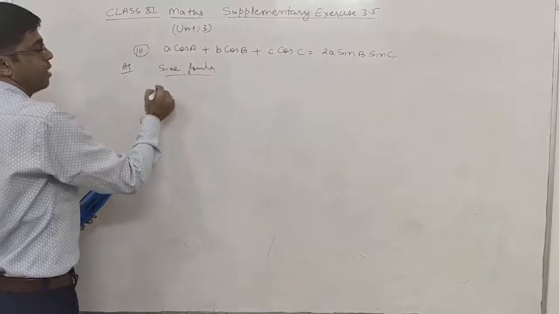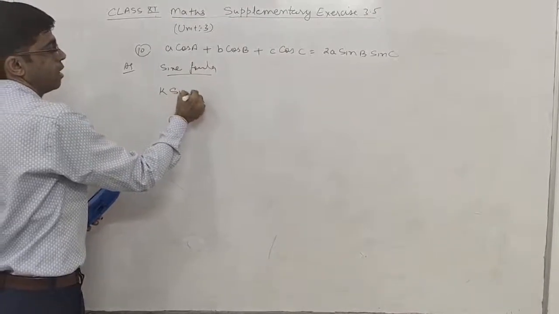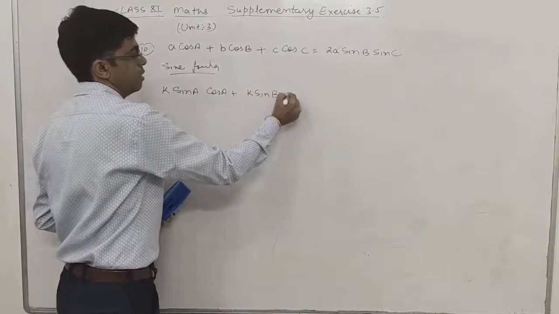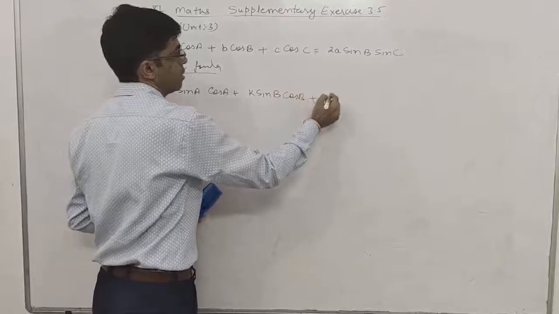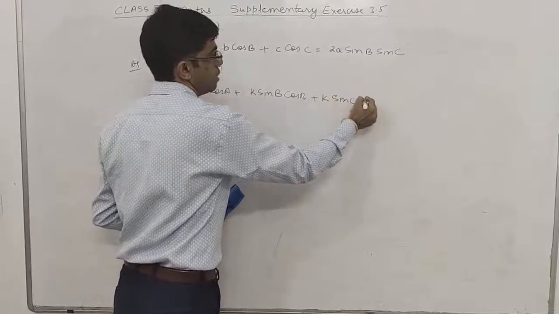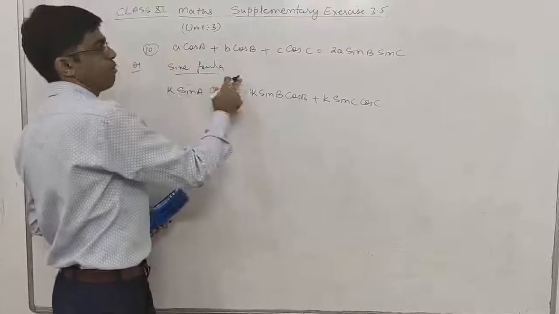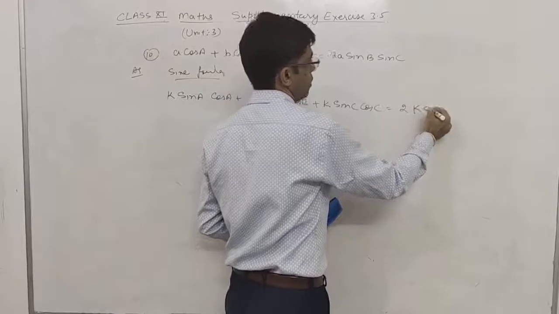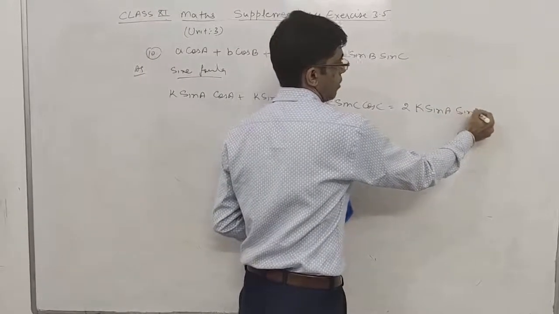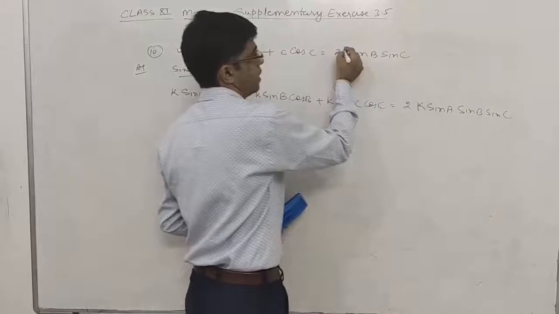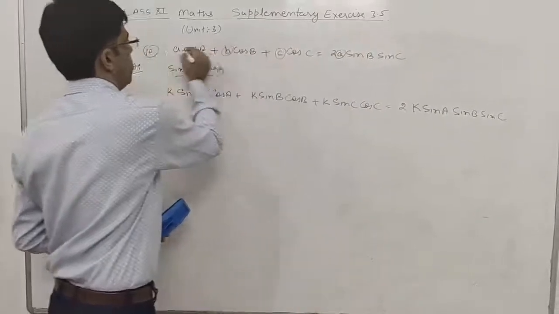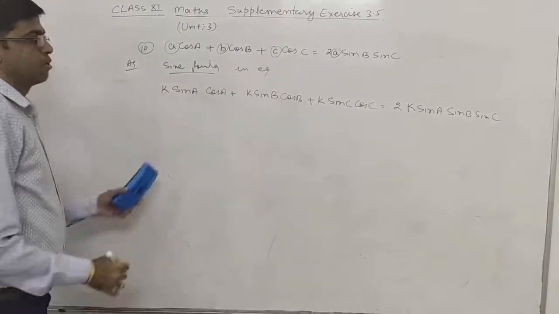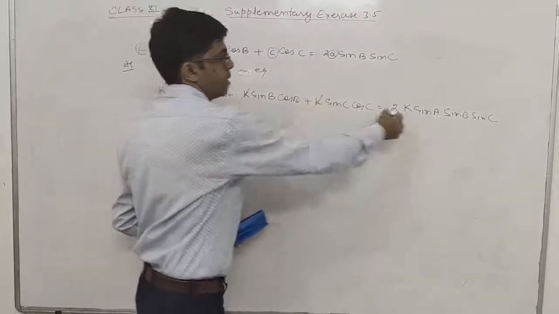What is the value of a? k sin A, k sin B, k sin C. Use the sine formula in the complete equation: 2k sin A sin B sin C. We are using the sine formula in the equation, so all the k will be cancelled out.